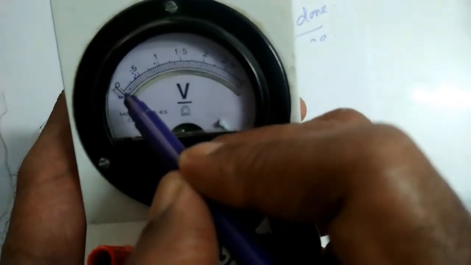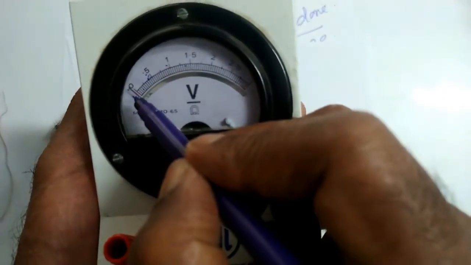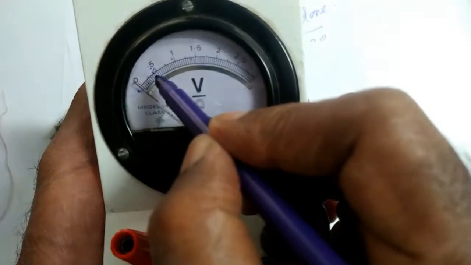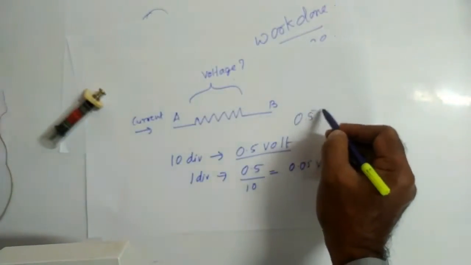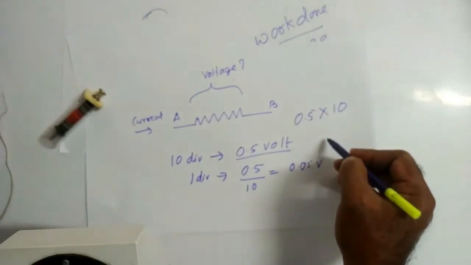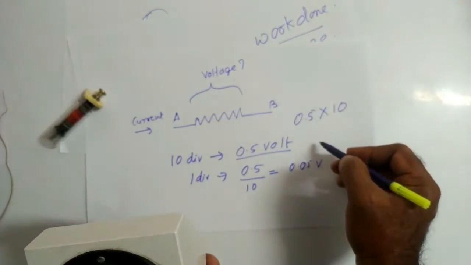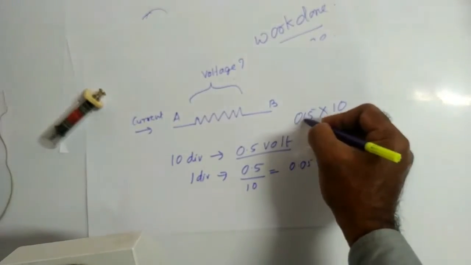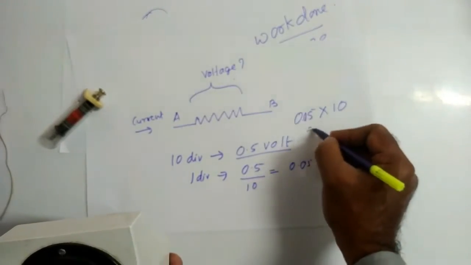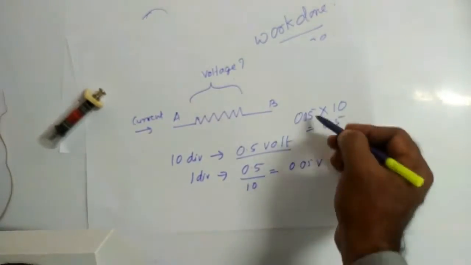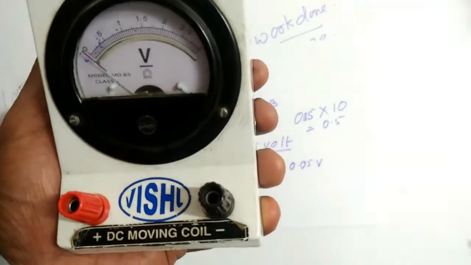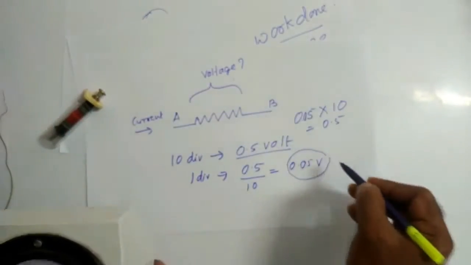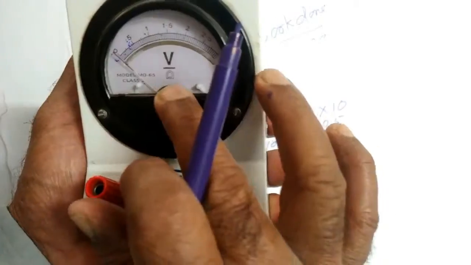And therefore, when each division is 0.05, how many such divisions are there here? 10 divisions, and therefore it becomes 0.05 into 10, which will become 0.5. Understood? And what do you call this smallest value which is possible to measure in this?